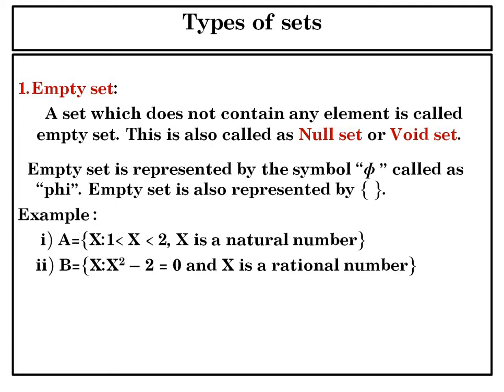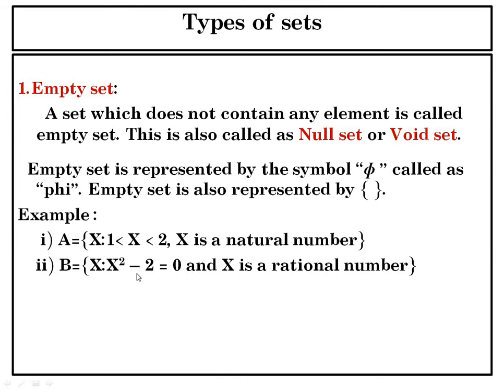Next, second example. B is equal to set of all x such that x square minus 2 is equal to 0 and x is a rational number. So this x should be a rational number and satisfy the condition x square minus 2 is equal to 0. If you take this equation, taking minus 2 to the right side, it becomes 2. That means x square is equal to 2.